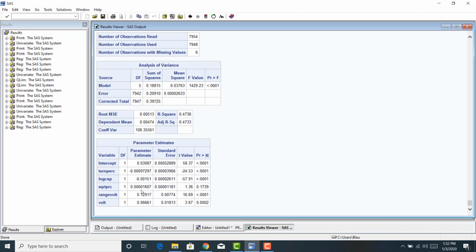I'm not exactly sure which variables are missing here, but perhaps there are some stocks that had 0 turnover, or some stocks that didn't report high prices or something like that, and that's why I'm missing some variables. So of the 7,954 stocks in the sample, this regression was only run for 7,948.